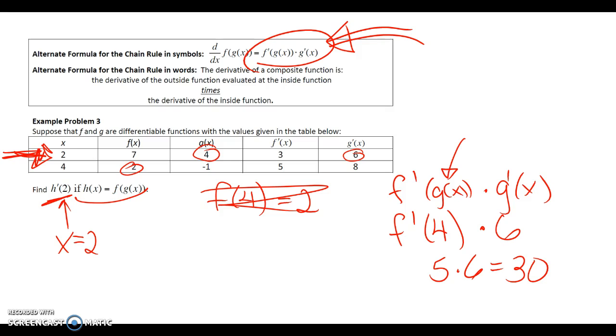What's g of 2? When x is 2, g of x is 4. So that goes inside. Then we're taking f prime of 4. Well, f prime of 4 is 5. And then down here, it's g prime of x. So g prime of x, when x is 2, is 6. So 5 times 6 is 30. So that should be good.